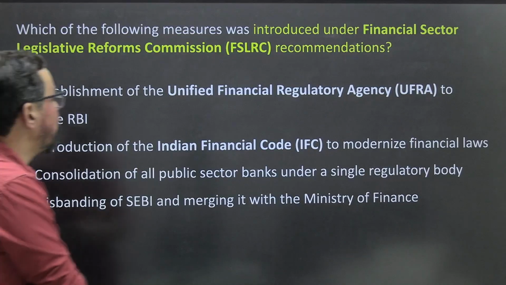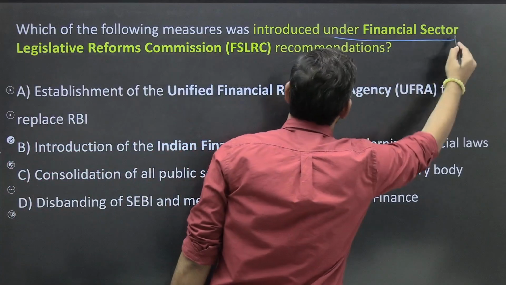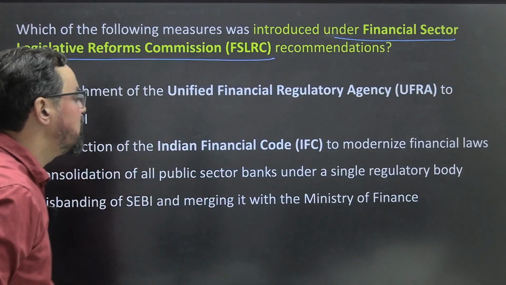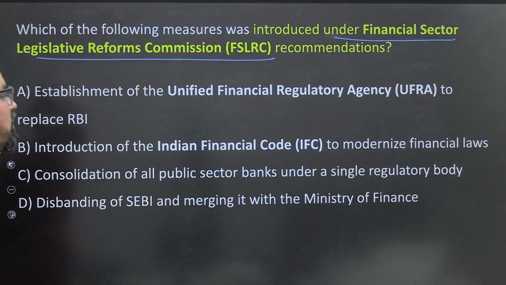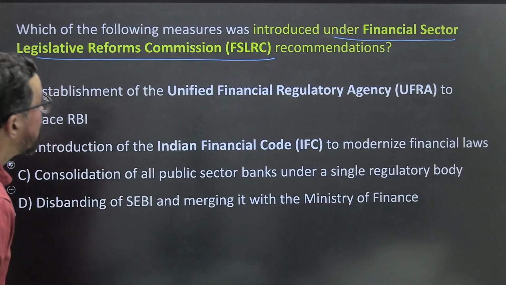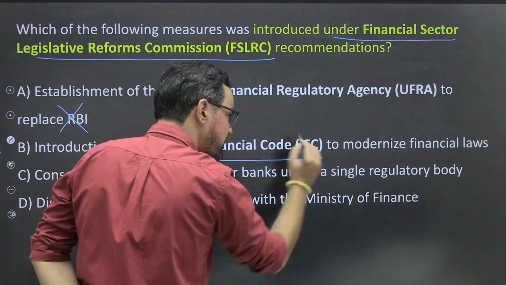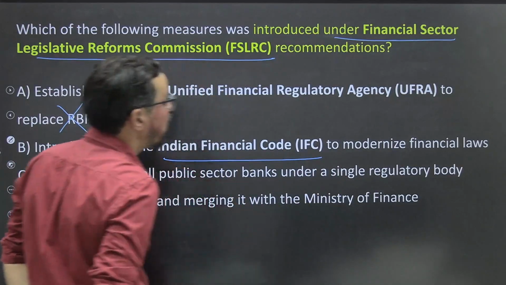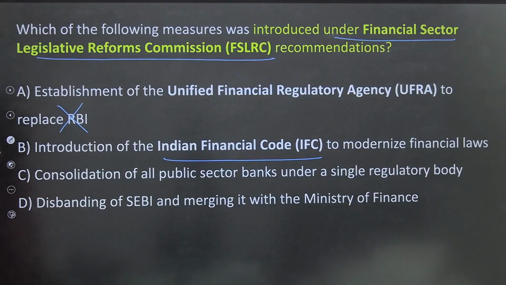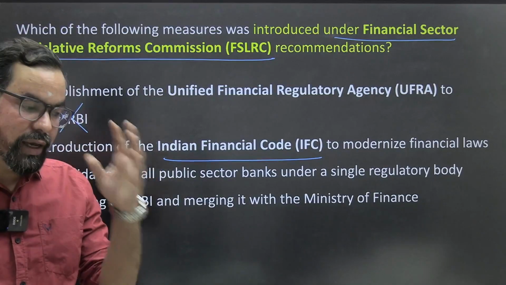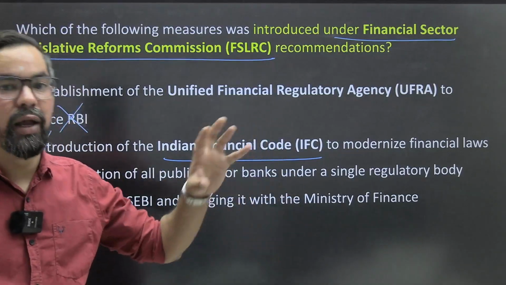Which of the following measures was introduced under the Financial Sector Legislative Reforms Commission recommendations, ठीक है. So establishment of a unified financial regulatory agency to replace RBI, ठीक है. Introduction of the Indian Financial Code, IFC, was part of this one to modernize financial laws from all the four major regulators like RBI, SEBI, IRDA and PFRDA. ठीक है.